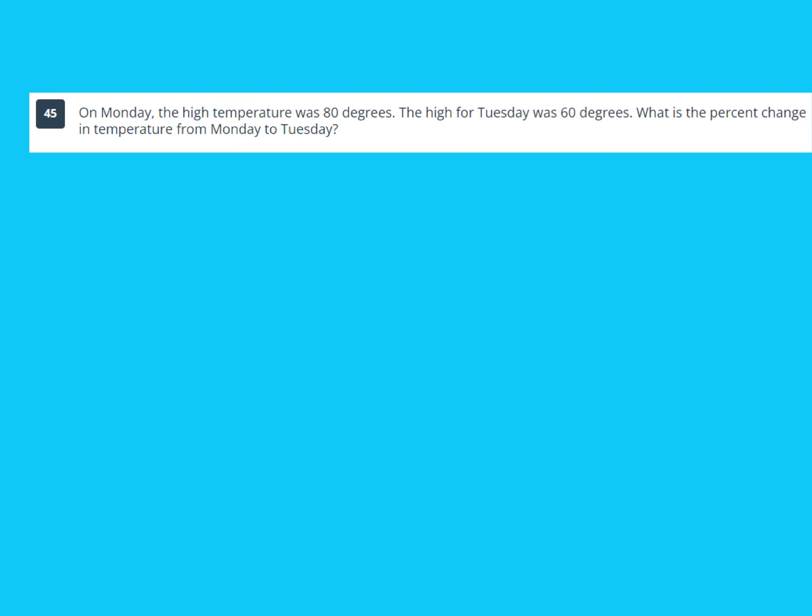Last one. On Monday, the high temperature was 80 degrees. The high for Tuesday was 60 degrees. What is the percent change in temperature from Monday to Tuesday? Okay, so on Monday, it was 80. On Tuesday, it was 60. Okay, so the change itself would be 80 minus 60.